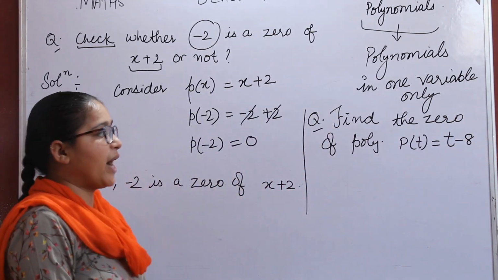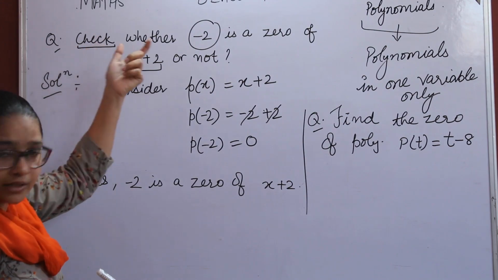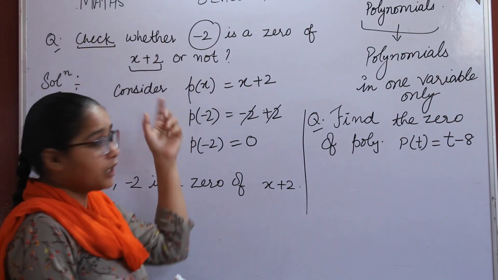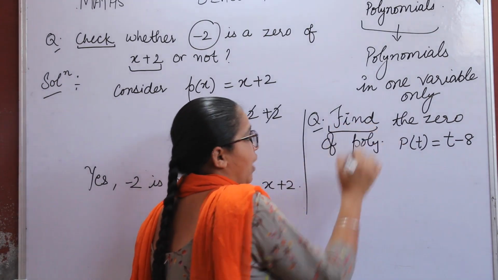So the question is find the 0. Over here it was check whether it is a 0 or not, so you had to fill the value. Now they asked you find the 0.